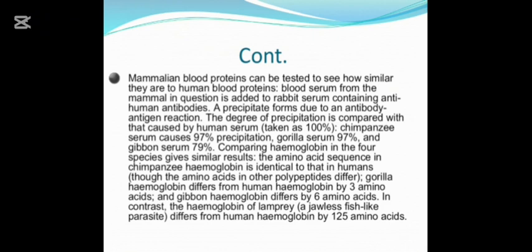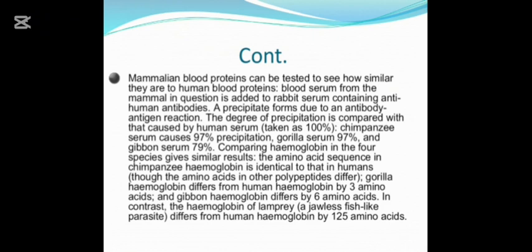The degree of precipitation is compared with that by the human serum, which is 100%. The chimpanzee serum has 97% precipitation. Gorilla serum has 97%. The gibbon serum has 79%.